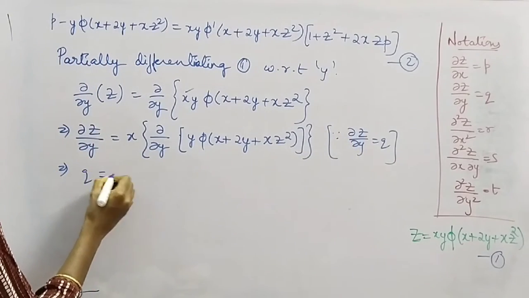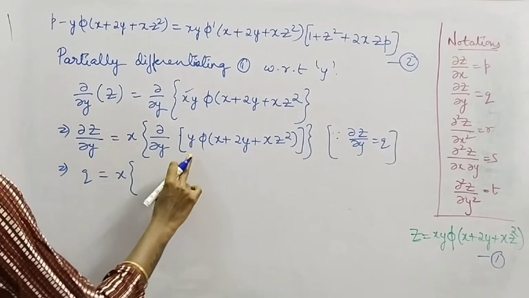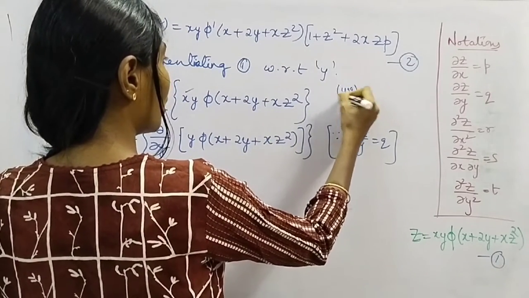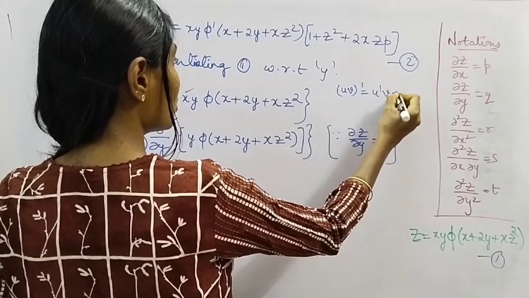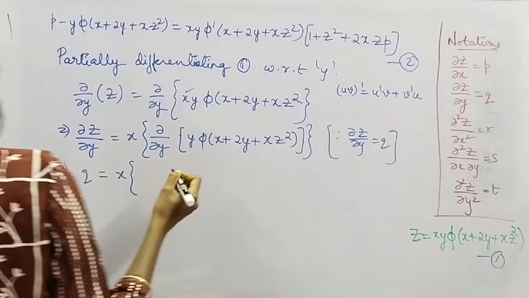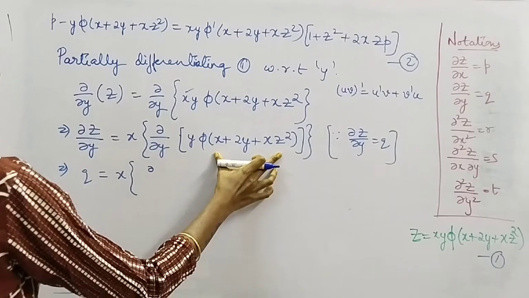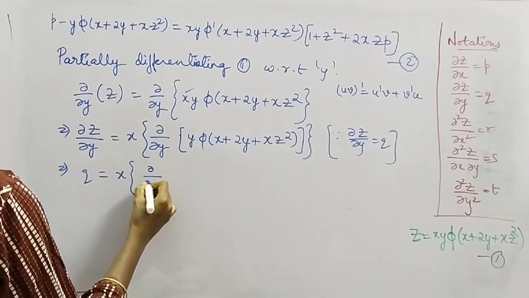We'll get q equal to x times partial derivative of, here we are going to apply the uv whole prime formula, which is u prime v plus v prime u, right? Fine, this gives us, just treat y as u and this phi as v and apply the formula.